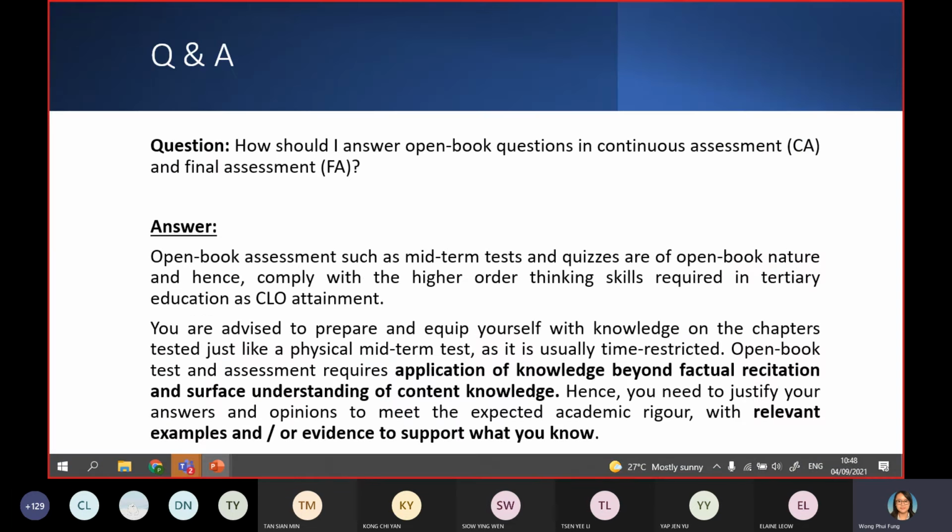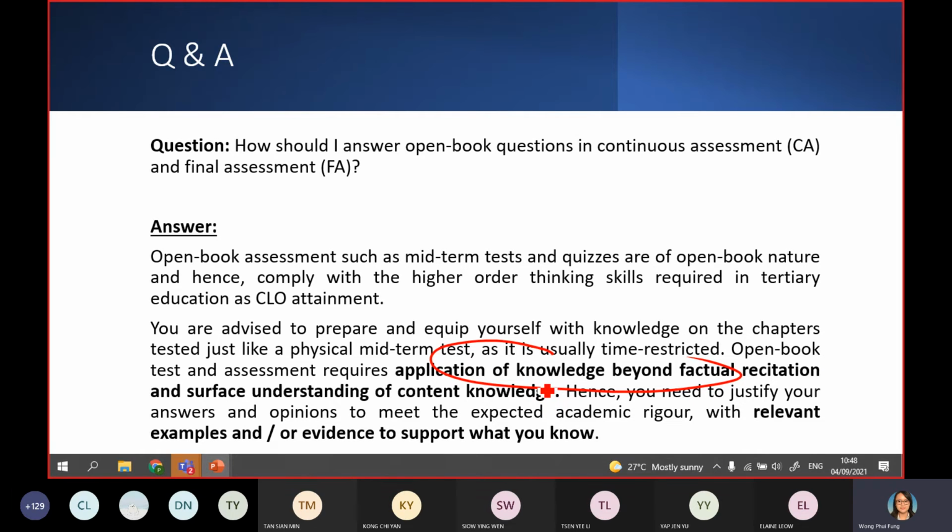Okay, so how should I answer open book questions in CA and FA? As I say, you have to apply knowledge beyond the factual and surface understanding of the content knowledge. So that's why the question I set is quite similar to the midterm. Normally it asks your view, your opinion.